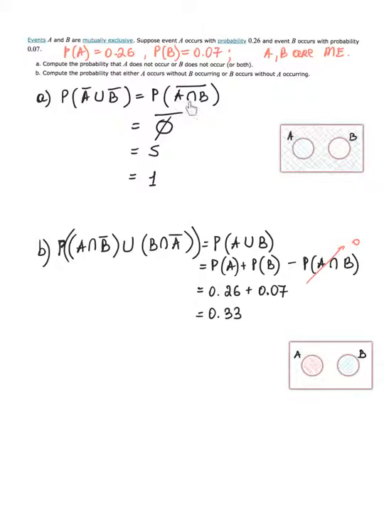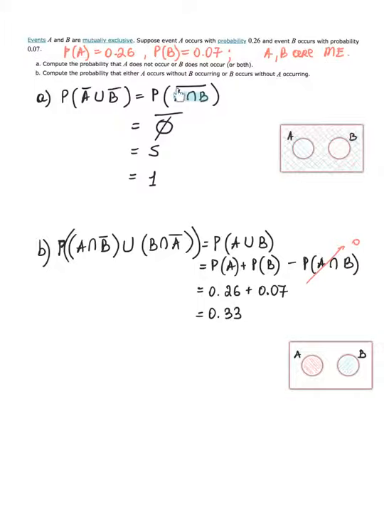But A and B itself, just this little portion right here, without the bar above it, probability of that is 0, or empty set. Meaning, because they're mutually exclusive, A and B never can happen together, so probability is 0.